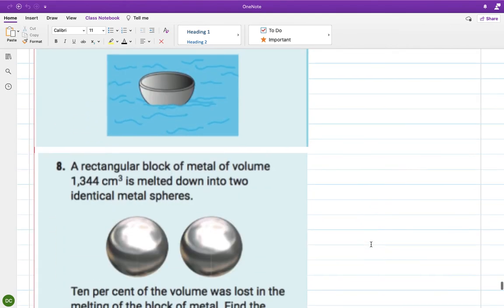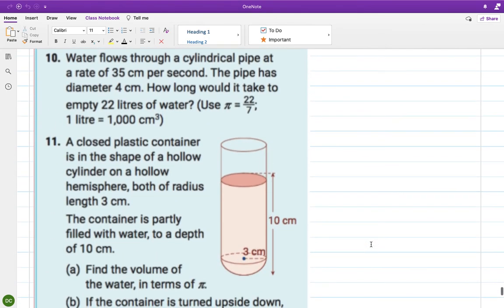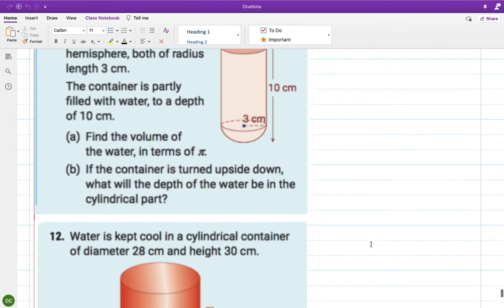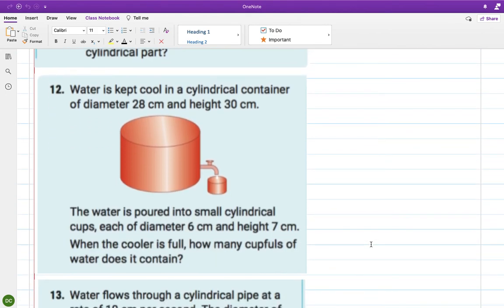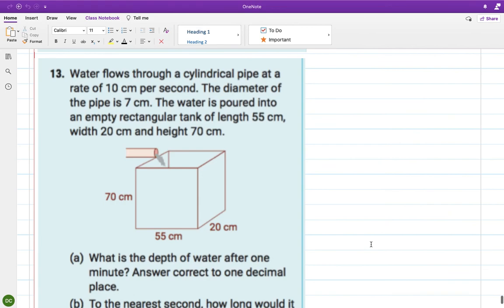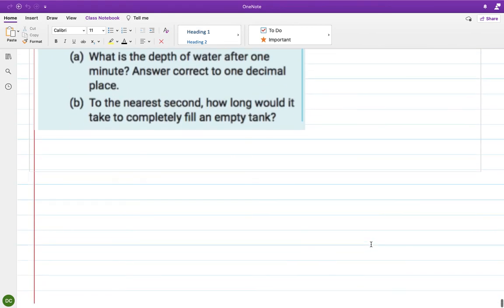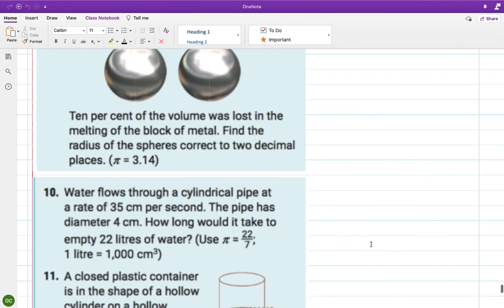So for homework, I saw, okay, so there's 1, 13. I knew I saw 2. There you go. So there's 10.